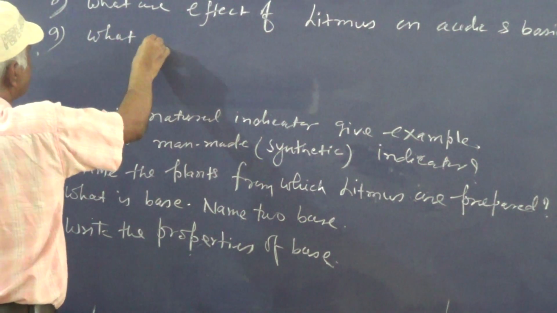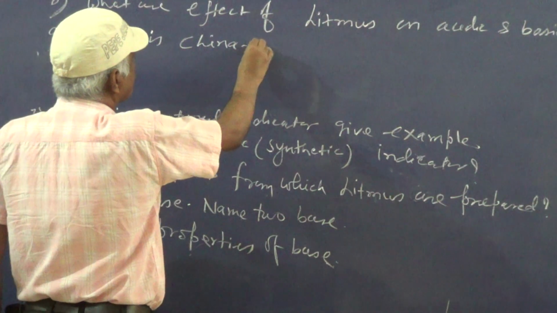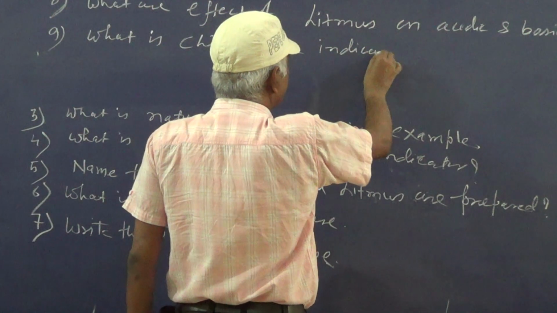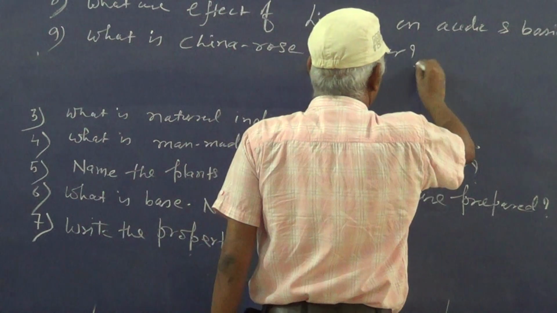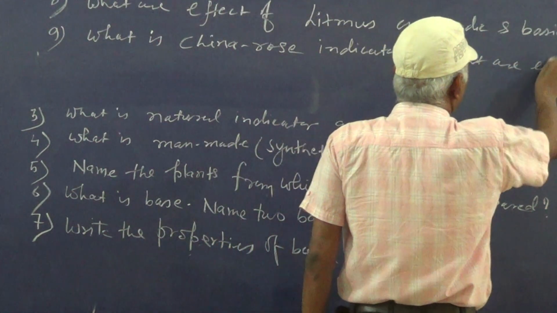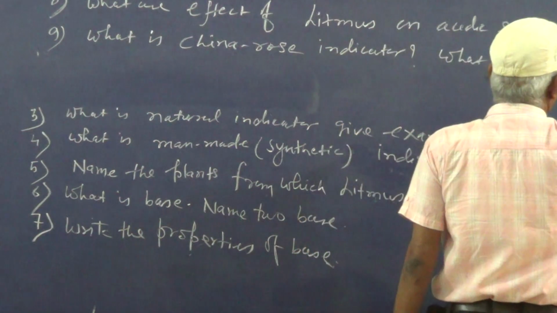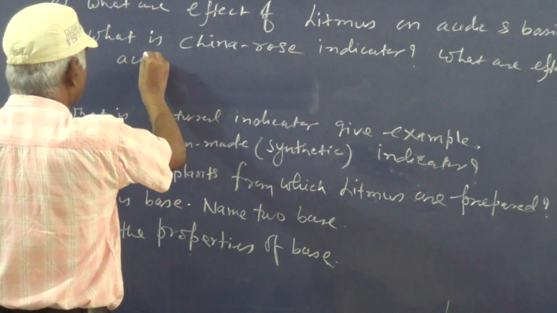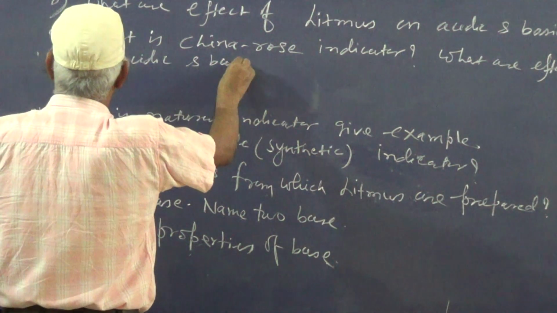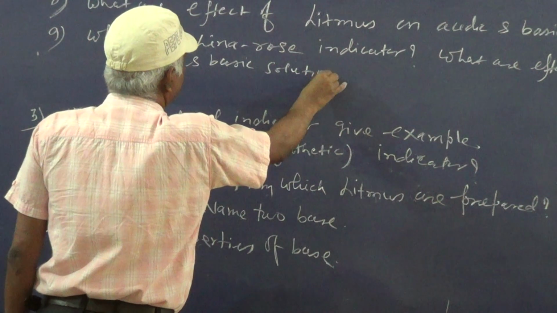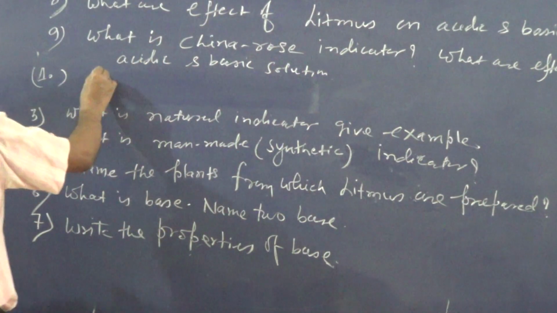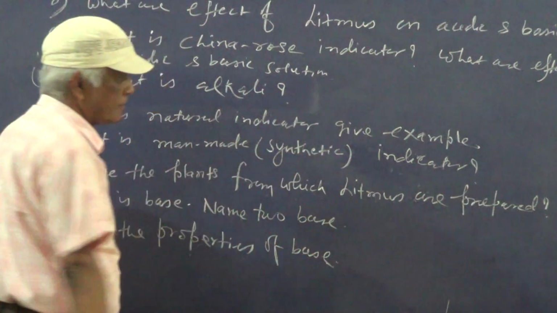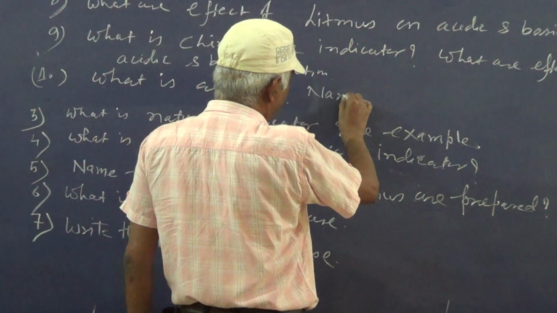What is China rose indicator? What are the effects of China rose indicator on acidic and basic solution? Question number 10. What is alkali? Name two alkalis.